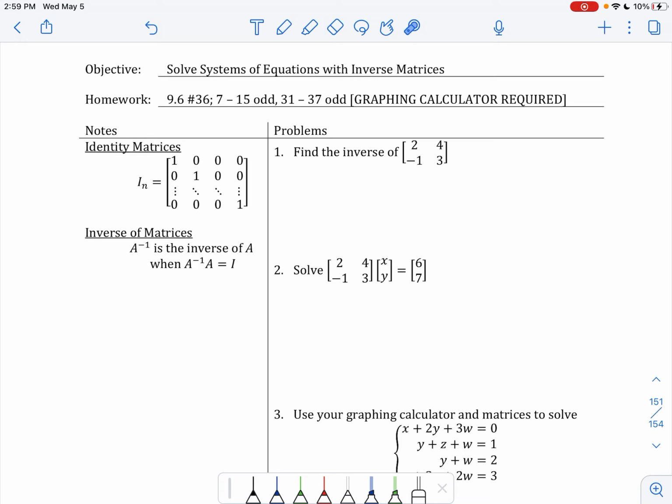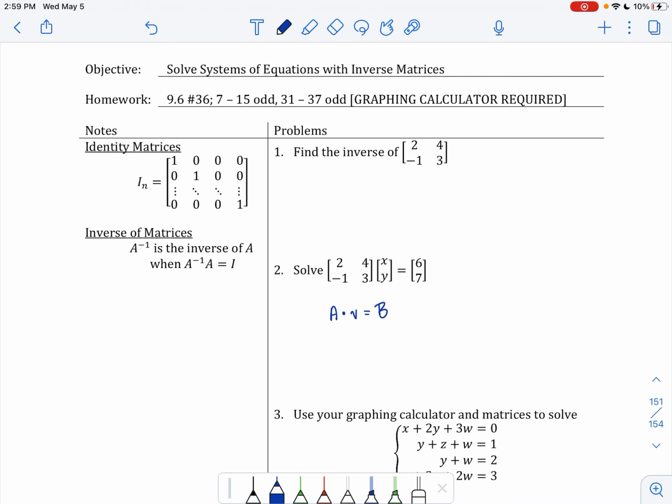And so if I want to solve a system, so let's say it's number 2, I'm going to solve for these variables. I could have used the system of equation method that we did yesterday, but what we also can do is say, oh, well, this is something times our variables is equal to some other number.